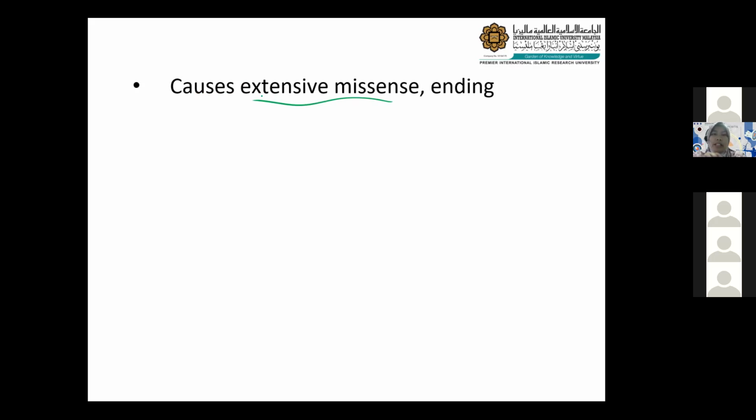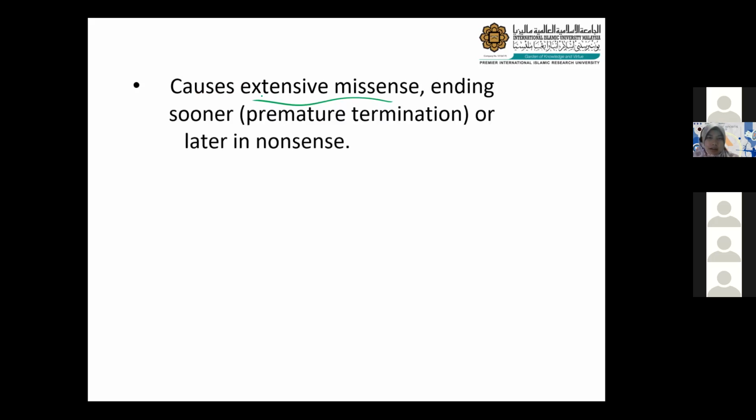But for insertion, it can cause extensive missense. The errors will be far more numerous, right? Extensive missense, ending sooner, or premature termination, or it can also become nonsense. So these are the effects of addition due to the frame shift mutation.